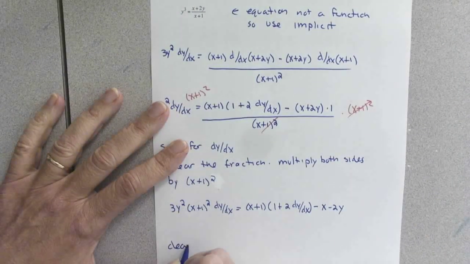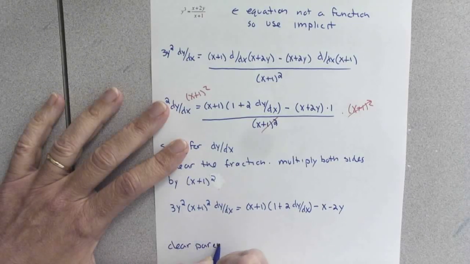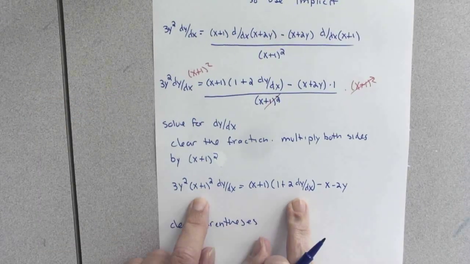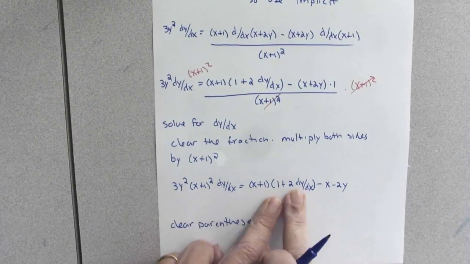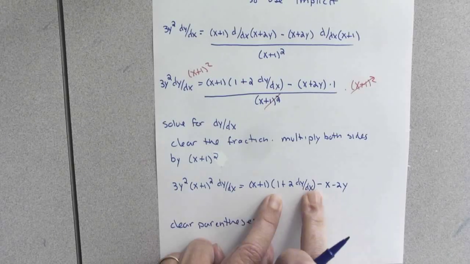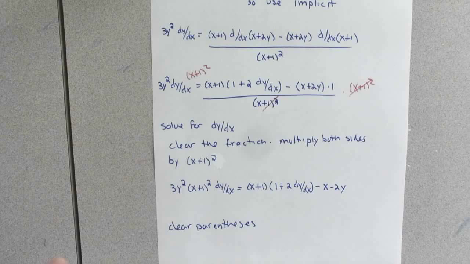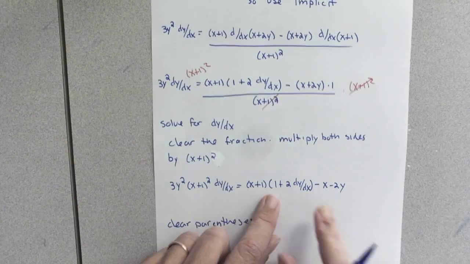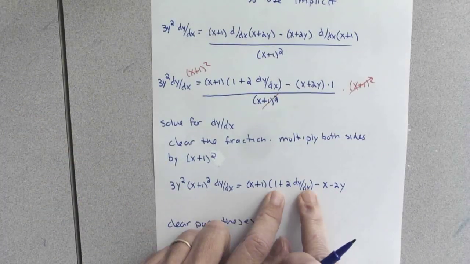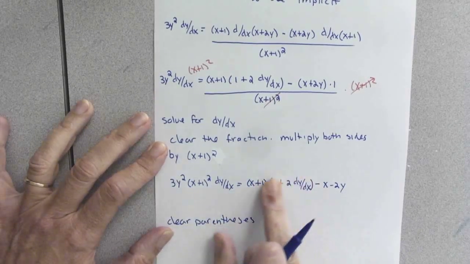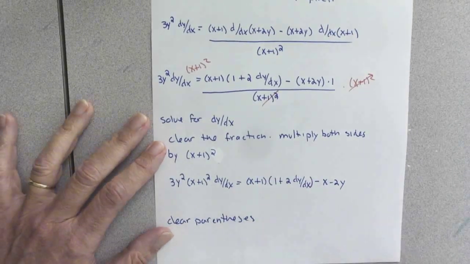Next, I'm going to clear my parentheses here. I don't care about these parentheses here. I need to clear these guys in here so I can free up this dy dx. Eventually, I want all my dy dx terms on one side. I'm not going to be able to move this dy dx term around while it's still within all these parentheses within that multiplication.